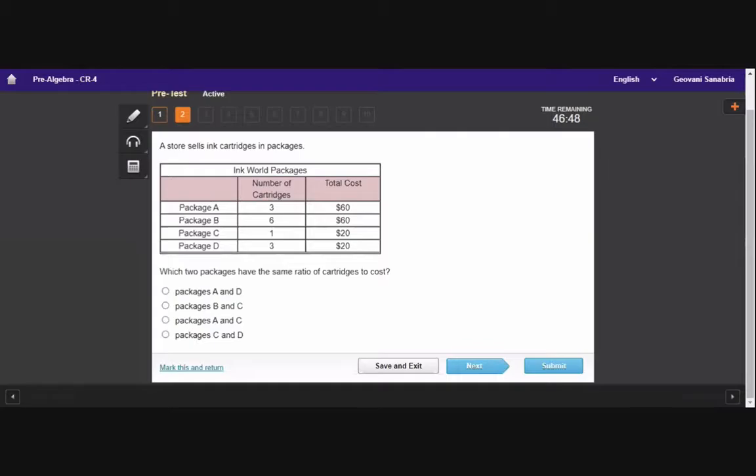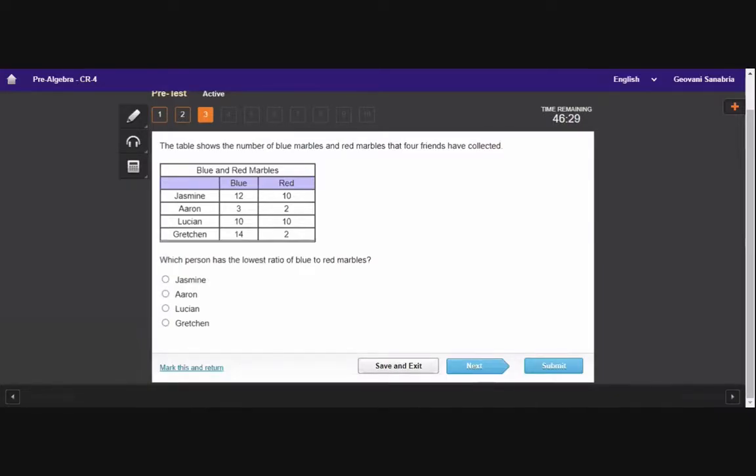It'd be A and C. Yeah, that's what I got. I didn't even do the last one because you already found the two that were the same number.